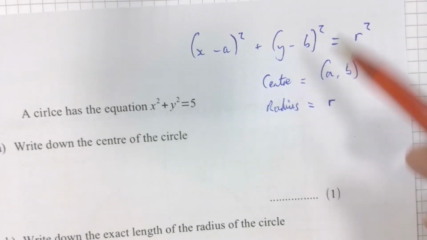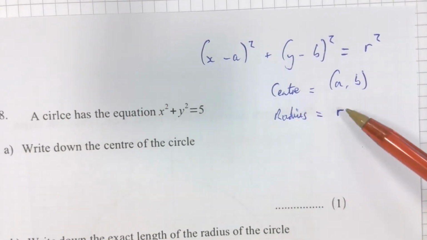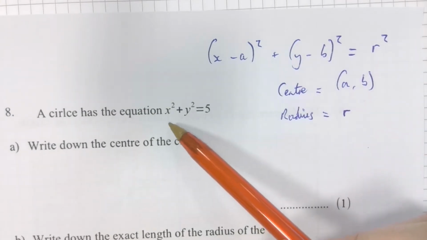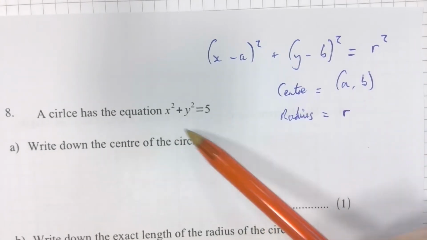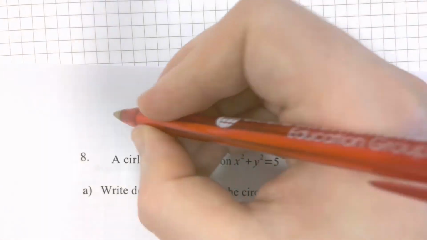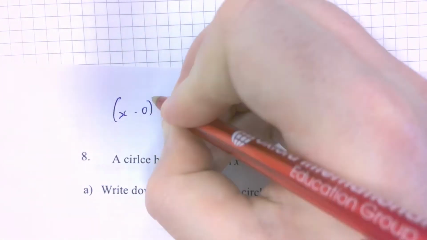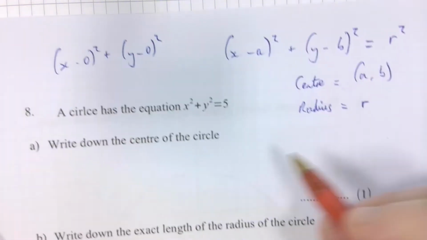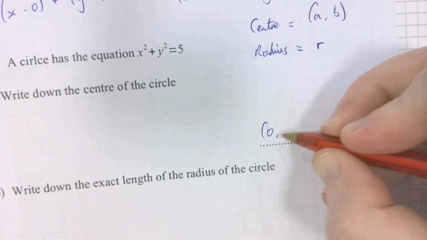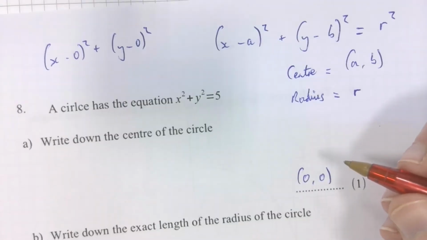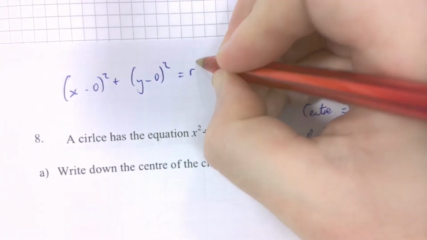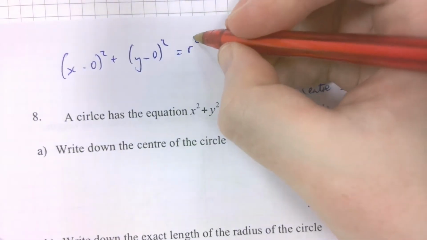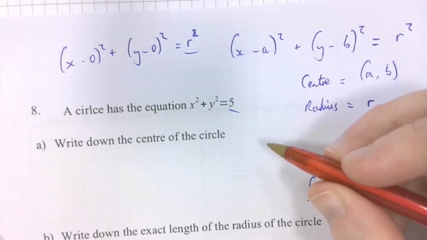Now, what that means for this particular question is that x squared and y squared are just on their own. You can think of this as x minus 0 squared plus y minus 0 squared. Basically, the centre is therefore (0, 0). And r squared in this particular case is 5.